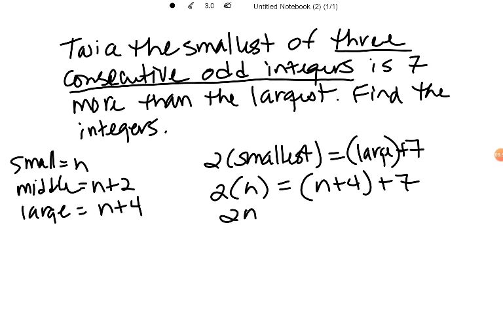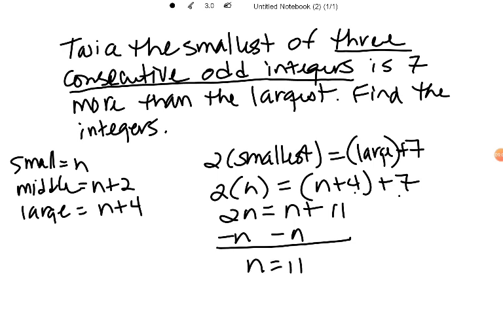So it is 2n equals n plus, and then 4 plus 7 is 11. We will solve, and we get n equals 11. So if n equals 11, then the middle one is 13, and our largest is 15. So it is 11, 13, and 15.